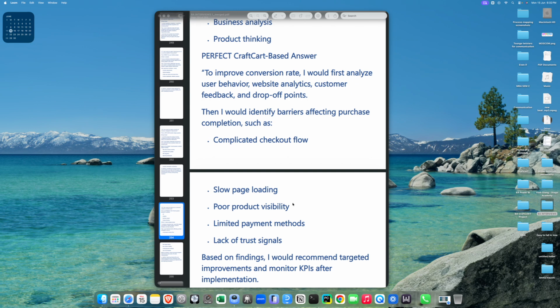Poor product visibility, this is also a major problem for the users to abandon the website. Limited payment methods, since some users have different payment methods, so having limited payment methods is a huge barrier affecting purchase completion. This leads to lack of trust signals, and based on the findings, I would recommend targeted improvements and monitor the key performance indicators after implementations.